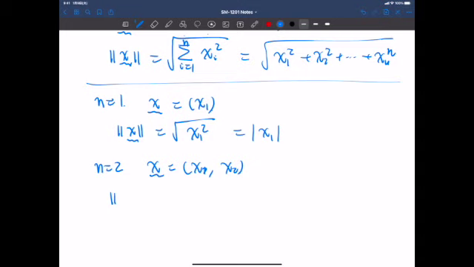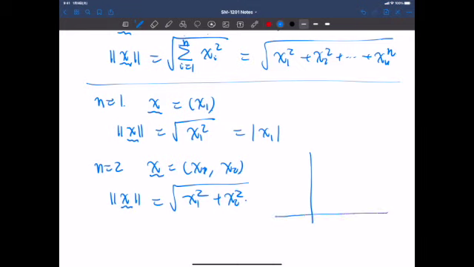In that case, the modulus is the square root of x1 squared plus x2 squared. So this is the same as the distance between this coordinate (x1, x2) and the origin.